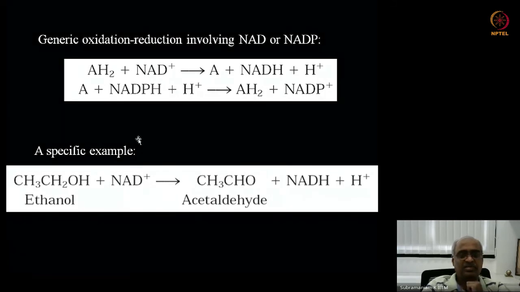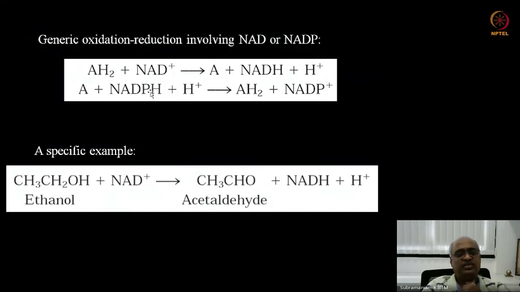This is just for convenience. For the oxidizing part, they have shown NADPH, so it happens with either one of the two, in both directions. Here you have the same specific example that we just saw, ethanol getting oxidized and NAD plus getting reduced. This is a typical dehydrogenation reaction.